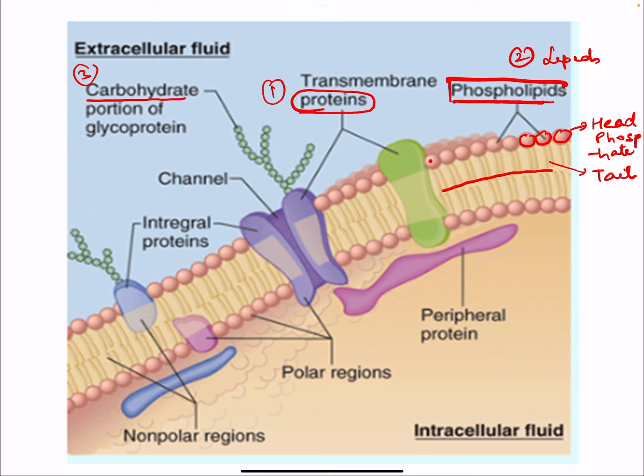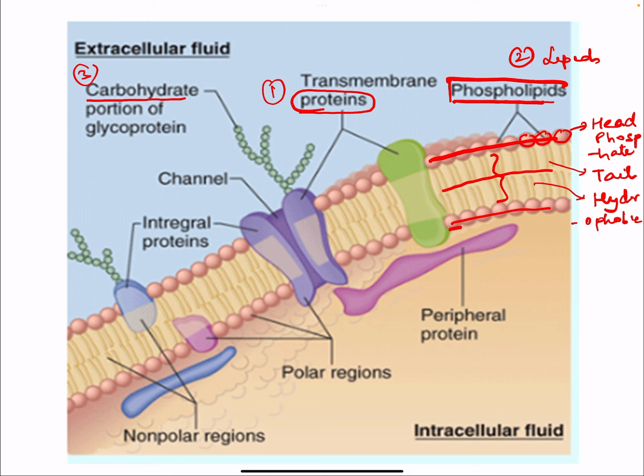So this cell membrane is made up of a lipid bilayer, and in this lipid bilayer you can see that the central part of the lipid is hydrophobic. Hydrophobic means it will repel water.